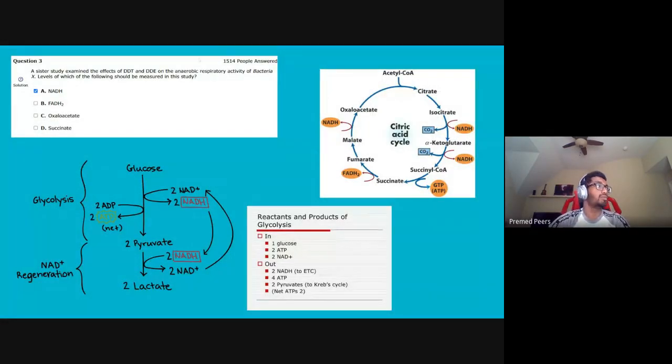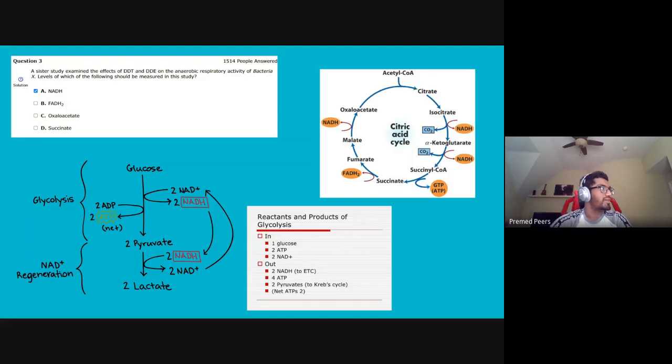So anaerobic respiratory activity automatically leads me to think of glycolysis. And so for glycolysis, we have, as always, a glucose molecule, ATP and NAD plus, that show up on the reactant side. And on the product side, we have the NADH, the ATP, and 2 pyruvate from that single glucose.